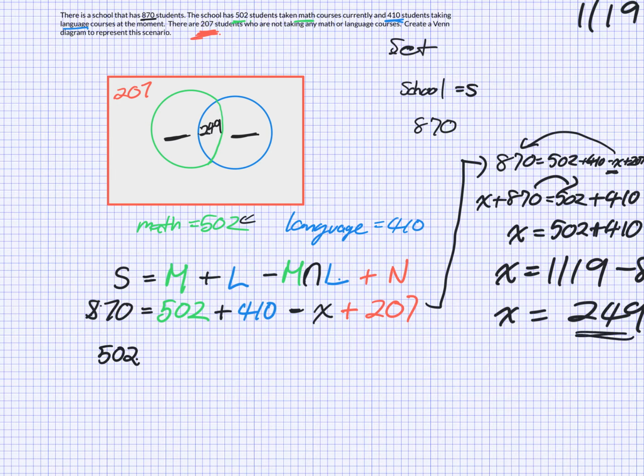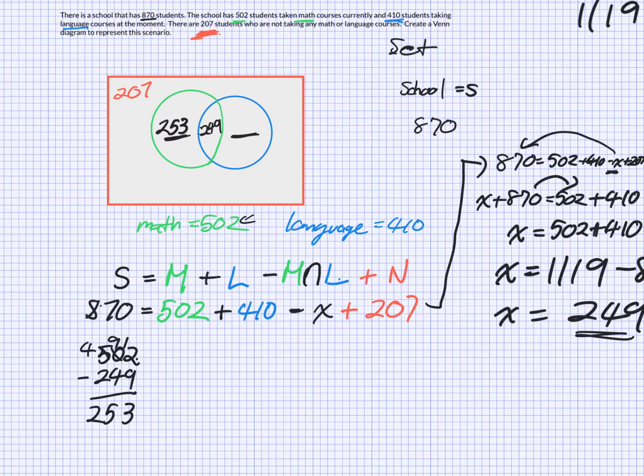We're going to take this 249 and subtract. Borrow. So it comes to 9, 3, 5, 2. So there should be 253 students who were only taking math, and then another 249 who were taking both math and language.